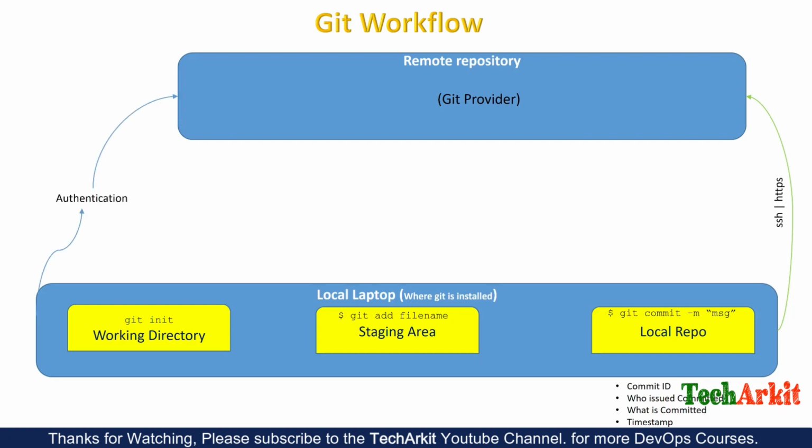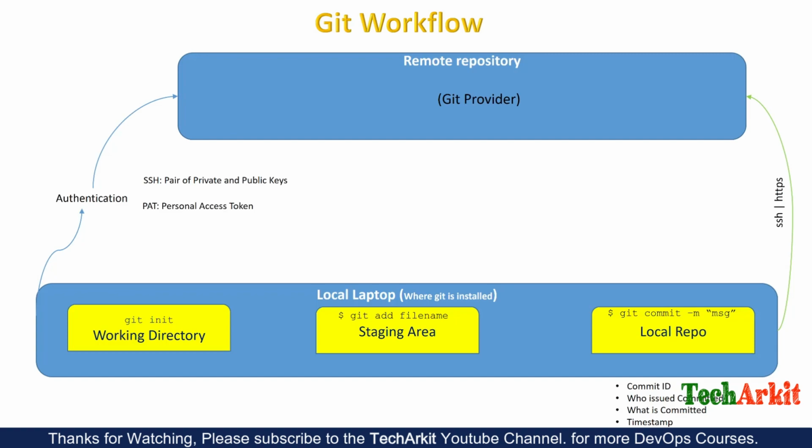You have to use some authentication mechanism to the remote repository. Either an SSH pair of private and public keys. You generate the key pair here on your local laptop, and authenticate the public key on the remote repository. Then you can do that.